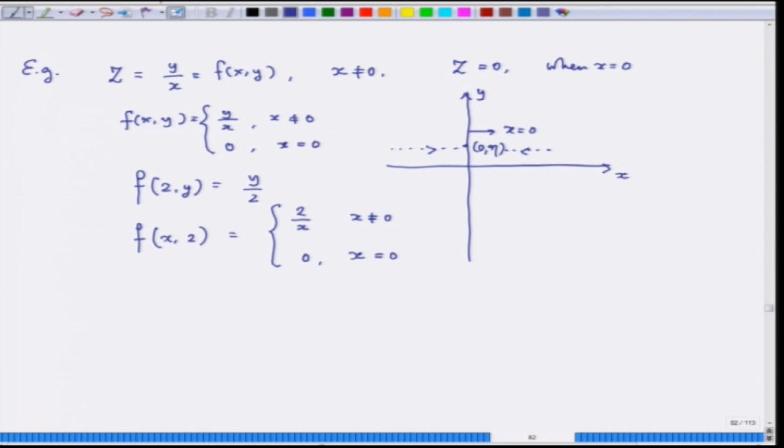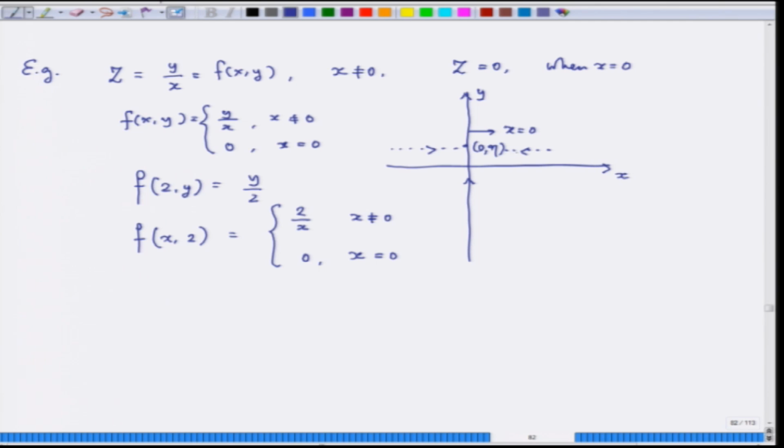So, it is y by x. At this point y is negative and here x is negative, so it will give me the positive thing. Now, the limit would be the same, but suppose I approach from this direction to (0, eta).